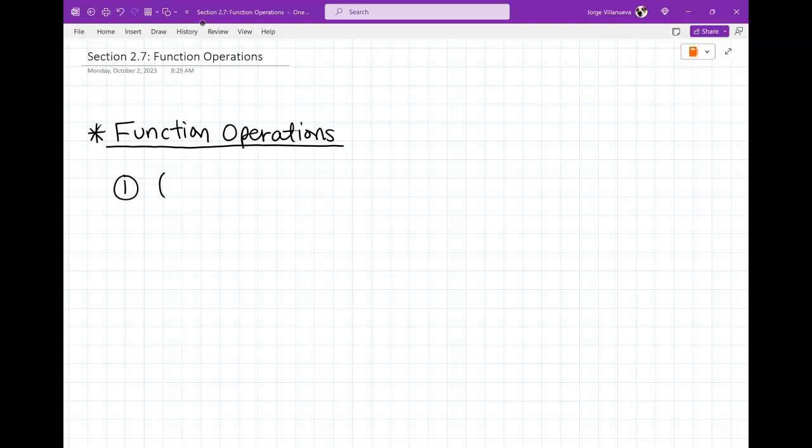Okay, so if you ever see f minus g of x, if they say figure out that function, the subtraction of two functions, what they're really saying is get f of x and subtract g of x.